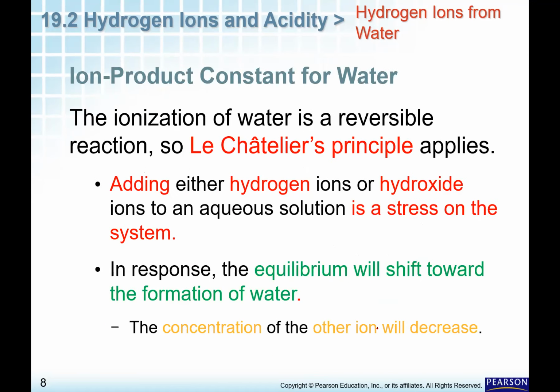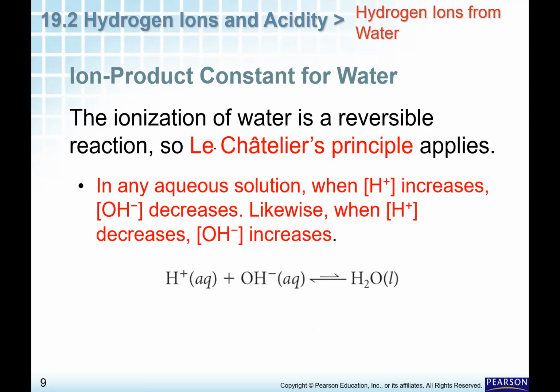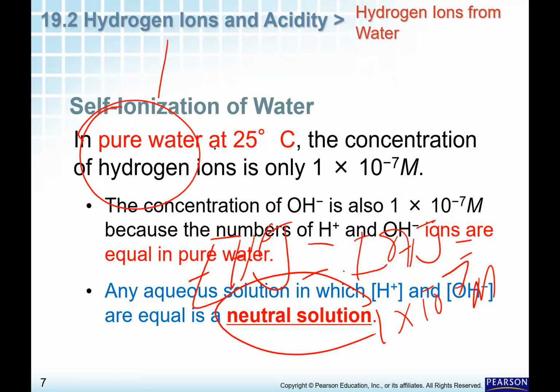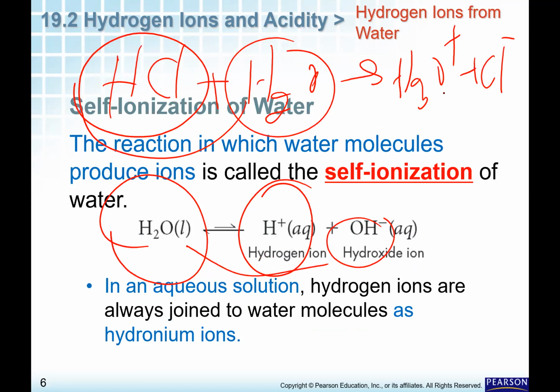Now, there's one principle that was discovered by the French scientist Le Chatelier, Le Chatelier's principle. I want you to remember one thing before: if you look at this reaction over here, this is a reaction that is in equilibrium.